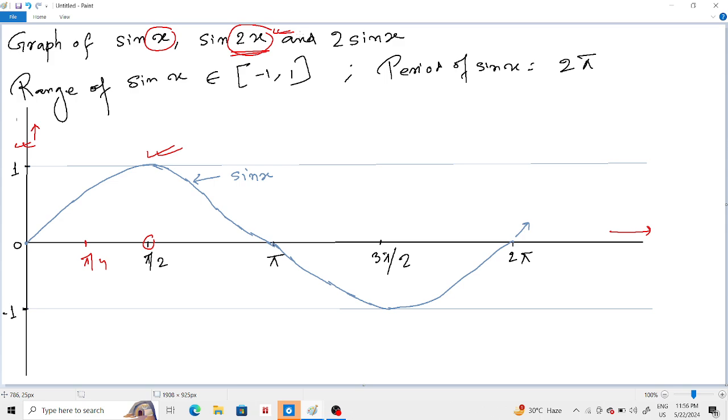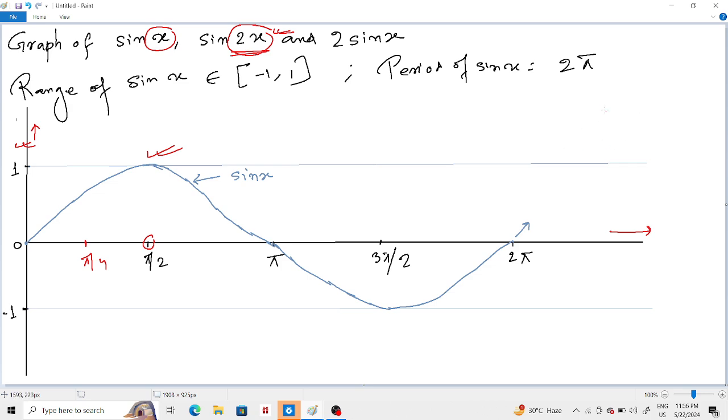Sine x is traveling at x speed and sine 2x is traveling at 2x speed. So sine 2x is able to reach the same y values as sine x, but at half the distance on the x-axis. If sine x reaches 1 at pi by 2, then sine 2x will reach 1 at pi by 4.